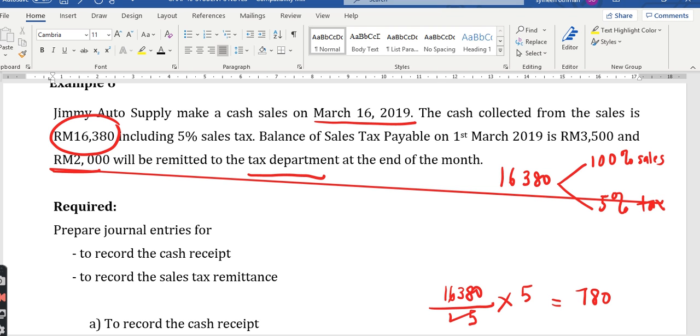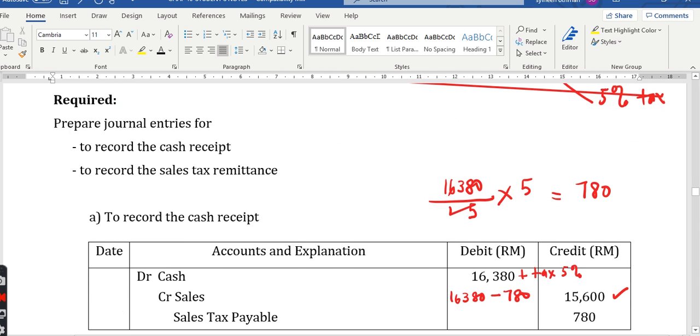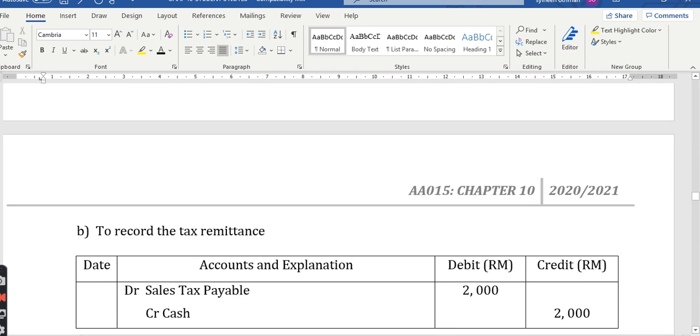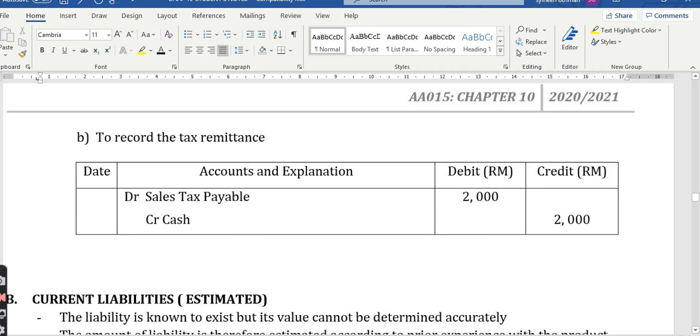So in the question it says you will only be remitting the 2,000 ringgit to the tax department at the end of the month. So from the 3,500, only 2,000 will be remitted to the governing agency, and the 1,500 remains in the sales tax payable account to be remitted later.